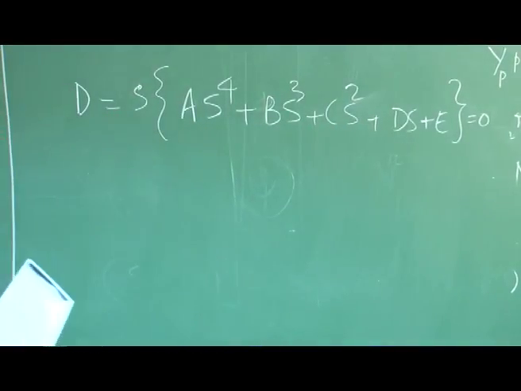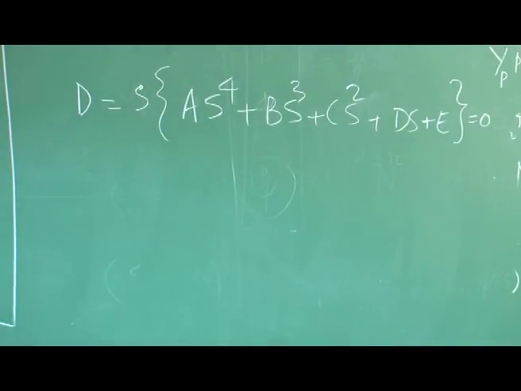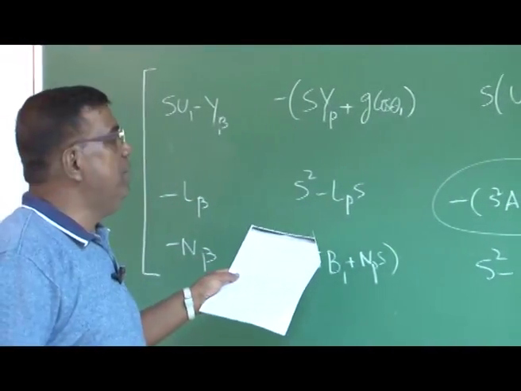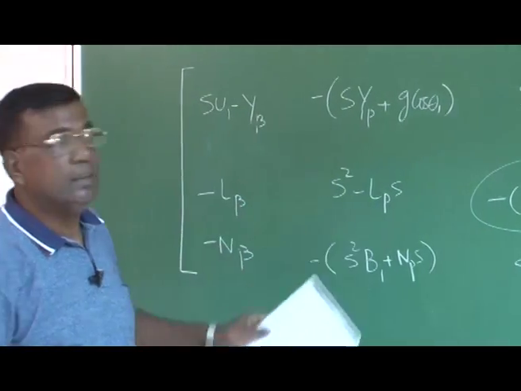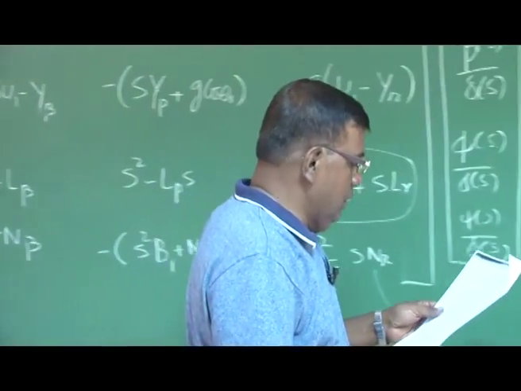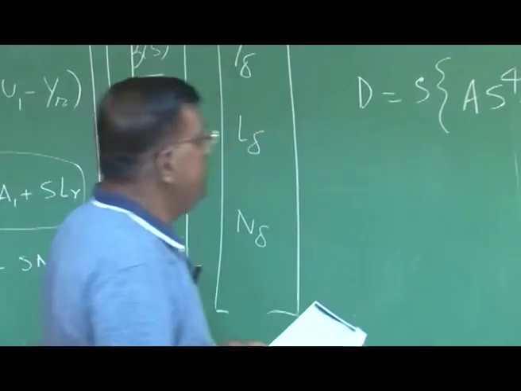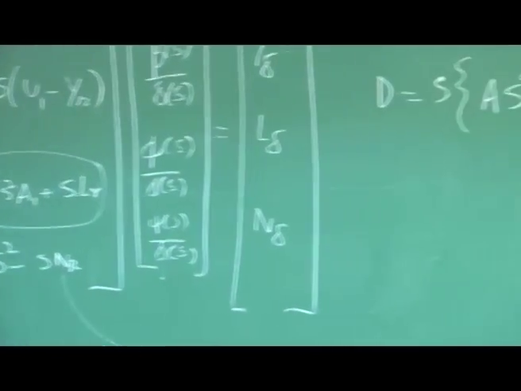Although the expressions for A, B, C, D, E will have the stability derivatives, inertia derivatives or dimensional stability derivatives which belong to this stability matrix, right. And we will be giving you that expression. Just for completion, one expression I will give you.